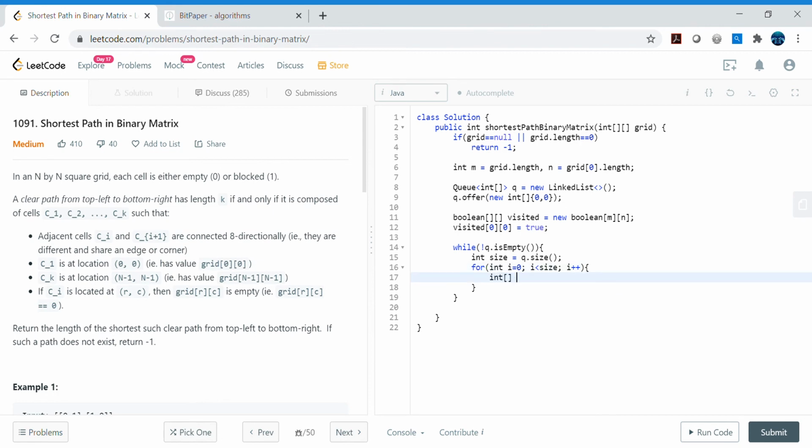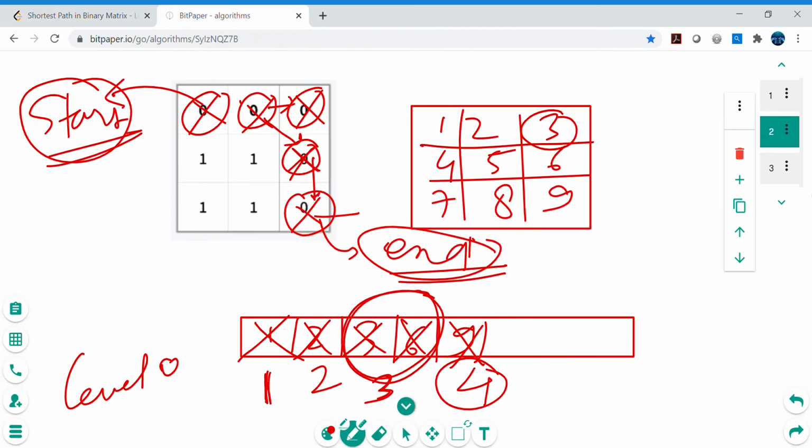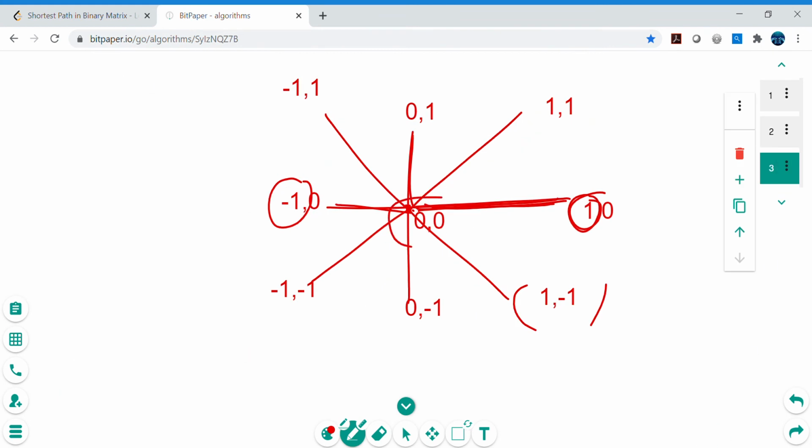So what we will do here: int[] current = queue.poll(). Why is it a one dimensional array? Because we are storing the coordinates x and y, so it is one dimensional. One dimensional means these are the coordinates, right? So we are storing these coordinates as pairs, 0 0, 0 1, 1 0, whatever we will be polling from the queue.